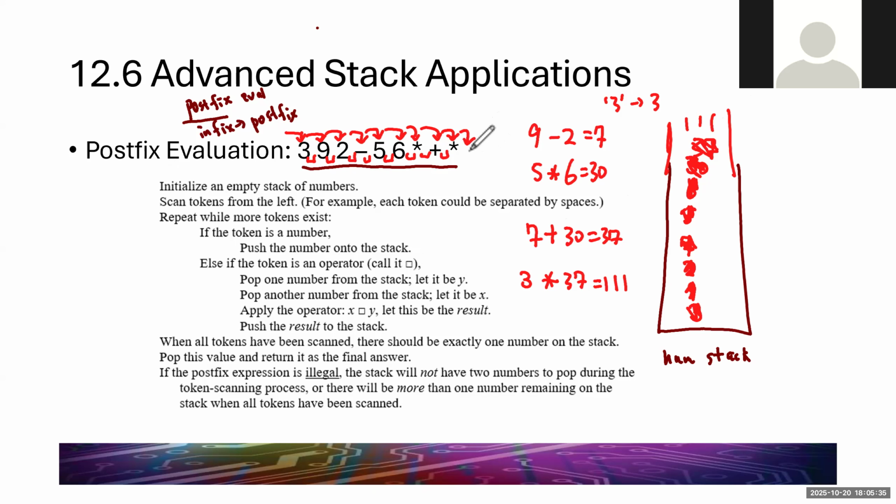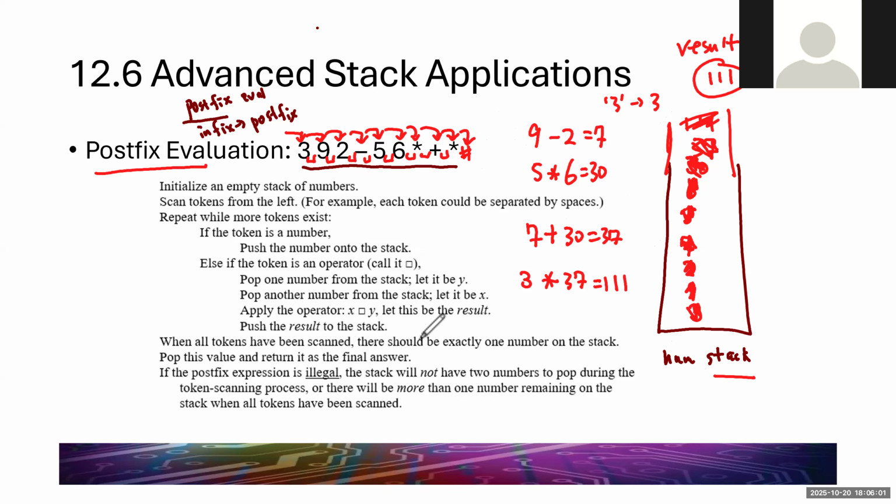Now if you continue to scan, there is nothing, so you have reached the end of the expression. When you reach the end, you pop this number out. This is our result, and the stack is also empty now. This is the algorithm for postfix evaluation.